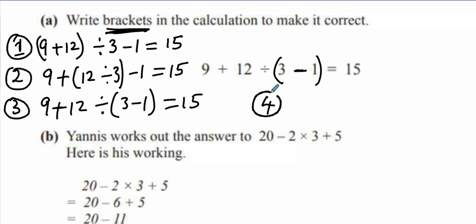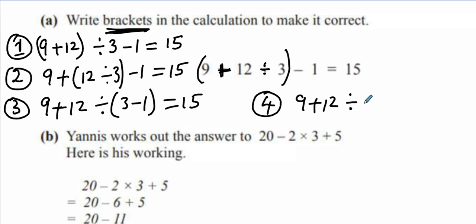Fourth possibility. The fourth possibility is when you keep two signs in brackets, one addition, another one division. Keep all these in brackets. So the fourth possibility will be 9 plus 12 divided by 3. Compute this and see when you minus 1, whether the answer will be equal to 15.